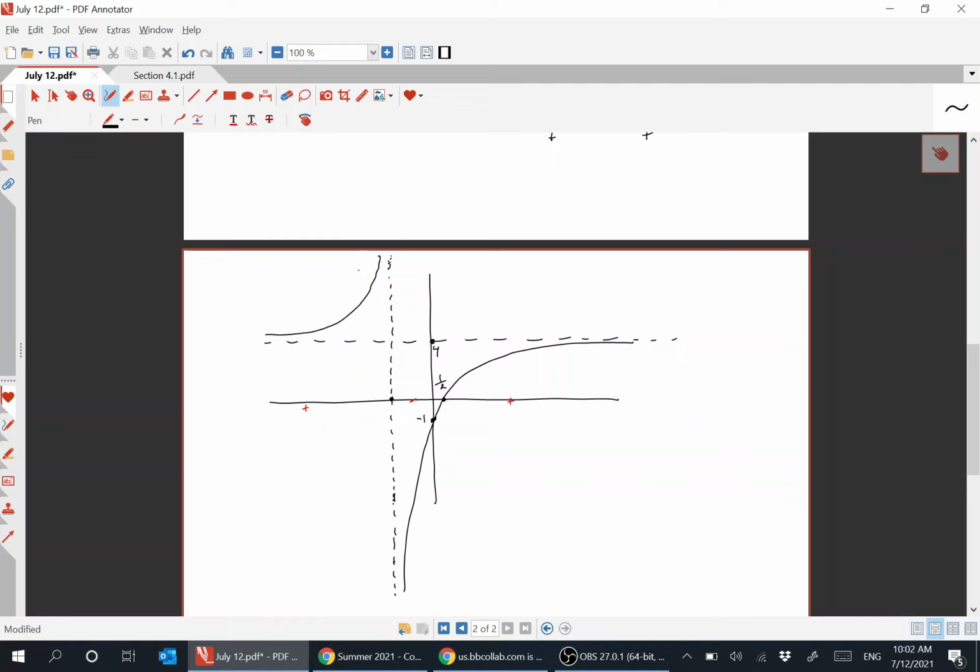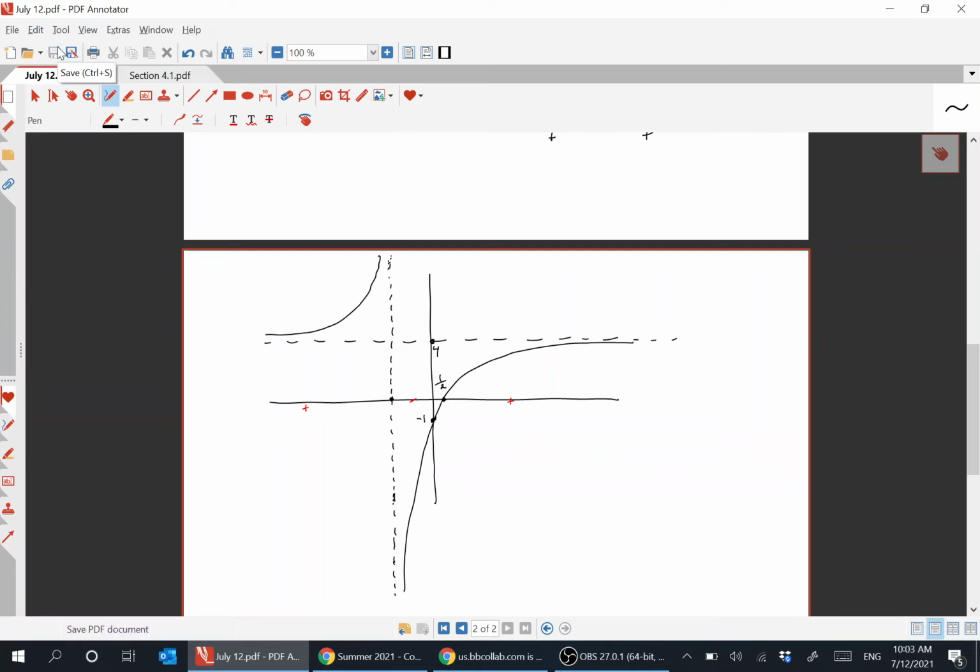It's getting closer and closer to those numbers. Right, it's climbing up to infinity here, climbing up from negative infinity here, and then approaching 4 as x gets very large and positive or very large and negative. Okay, so that's one of the examples.